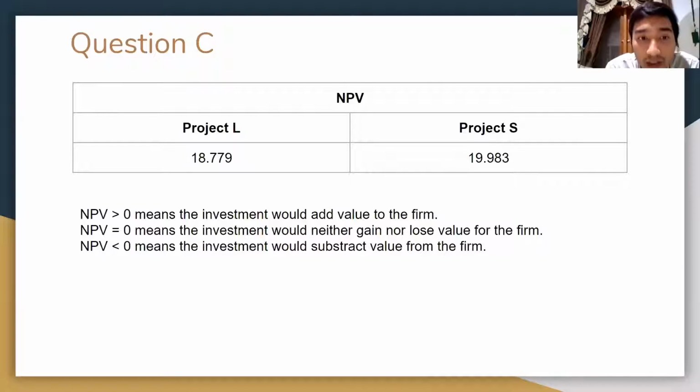So for project L, we get 18.779, and for project S, we get 19.983.